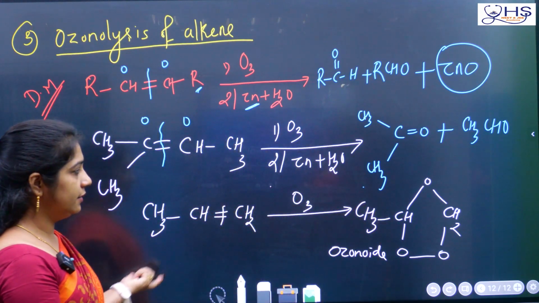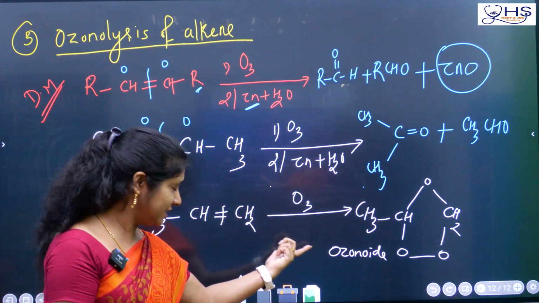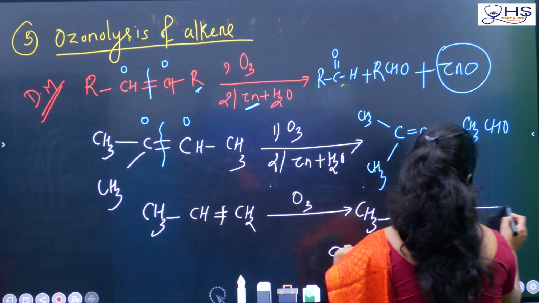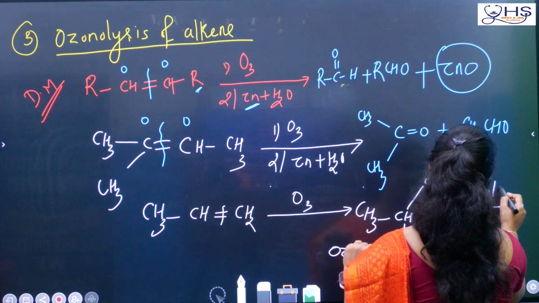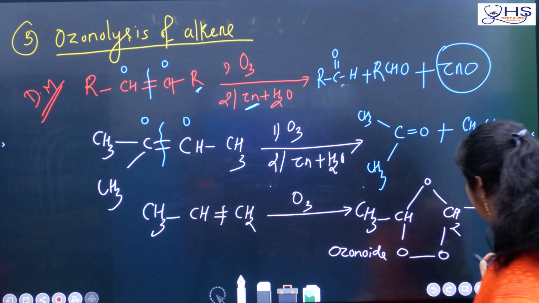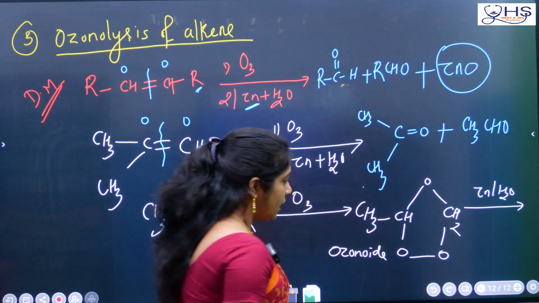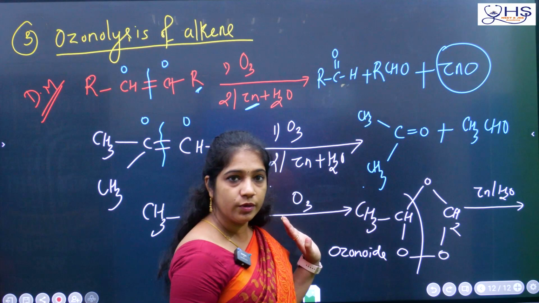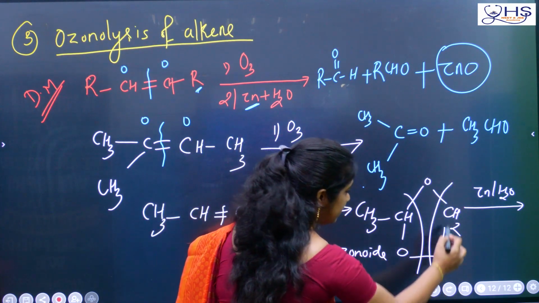So first the alkene reacts with ozone to form an ozonoid. Now in the presence of zinc and water, what will happen? Now we are going to break the bond. See how we split this: here CH3CHO, this bond we have broken, and this bond, here CH2.